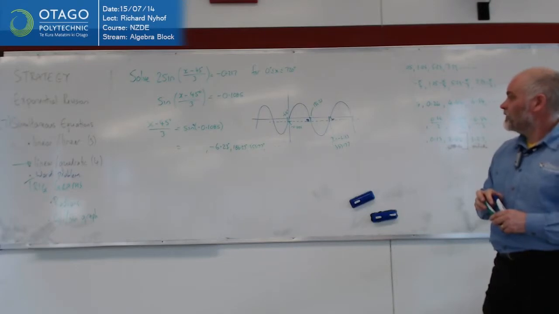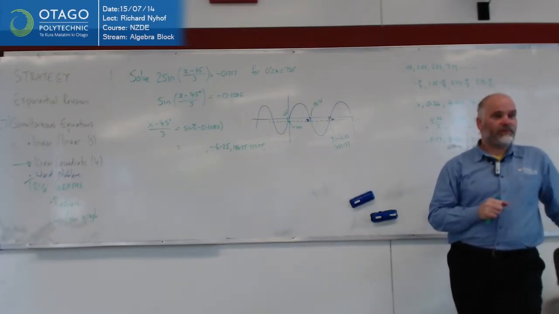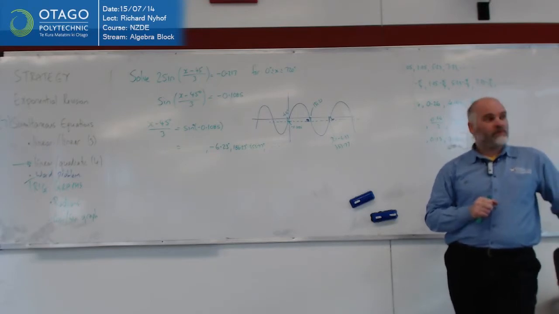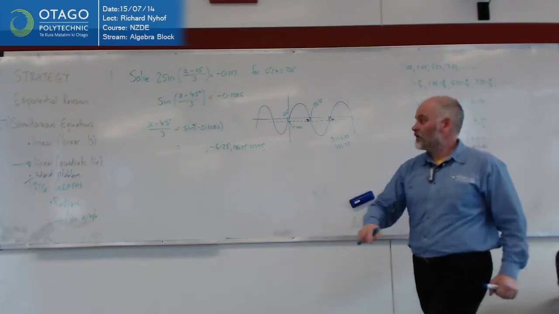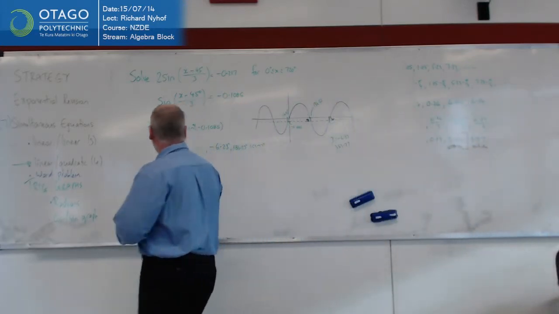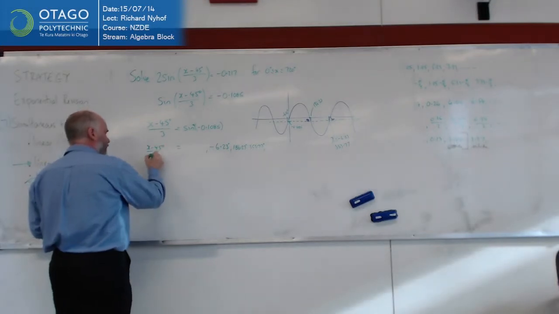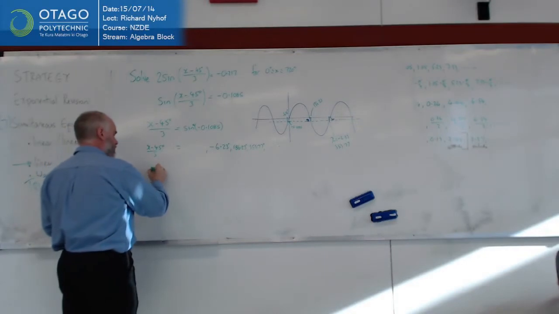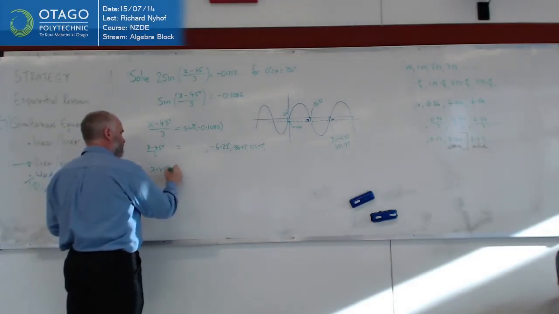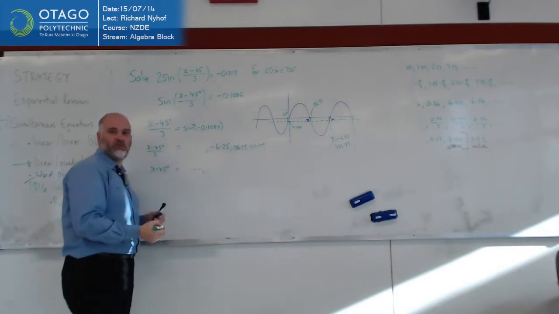Brilliant. Okay, awesome, I'm enjoying this. What's the next thing you want to deal with? Times it by 3. Yeah, because this is all divided by 3. So this is x minus 45 degrees all divided by 3, so we're going to multiply everything by 3. So we get x minus 45 degrees equals each of these answers times 3.